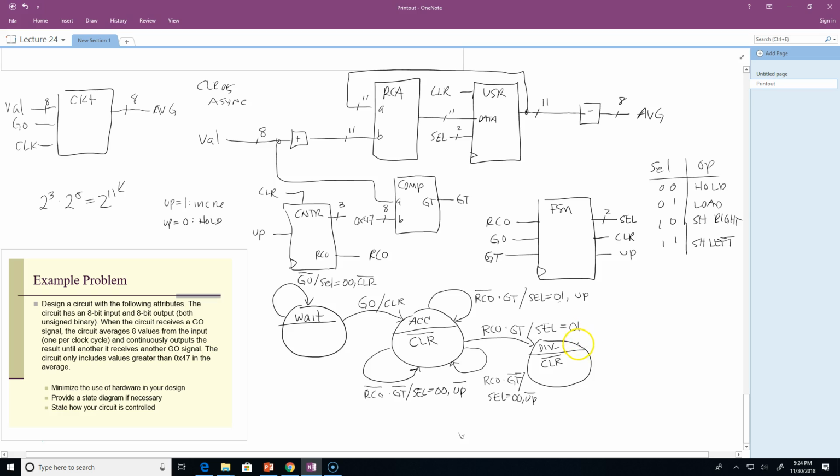I don't care if it's counting or not. I need to turn the select here to divide by 2, which is a shift right, equals 1, 0. Div2. Clear, I'm not clearing it. SEL equals 1, 0.